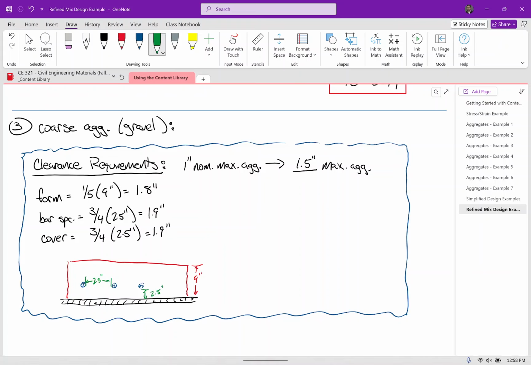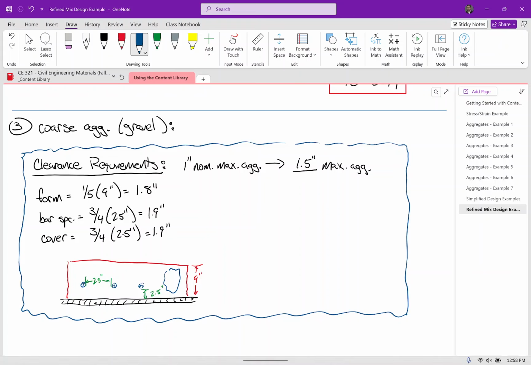And for these dimensions, there are limits on how big the chunks of aggregate can be. In other words, if I had a chunk of aggregate that's this big, that would be a problem, because it couldn't fit under here or fit between these bars. So these are my limits.